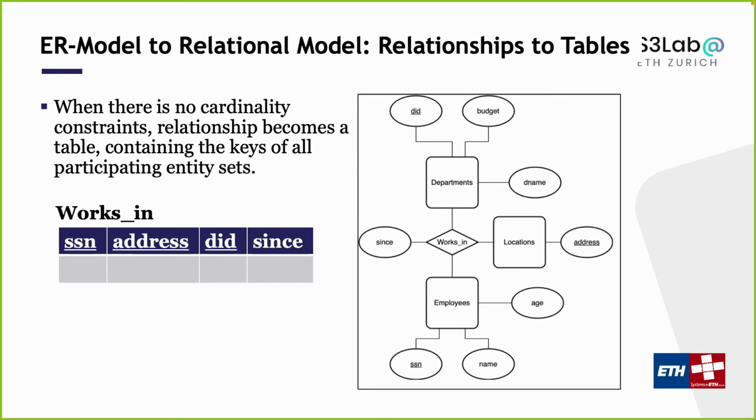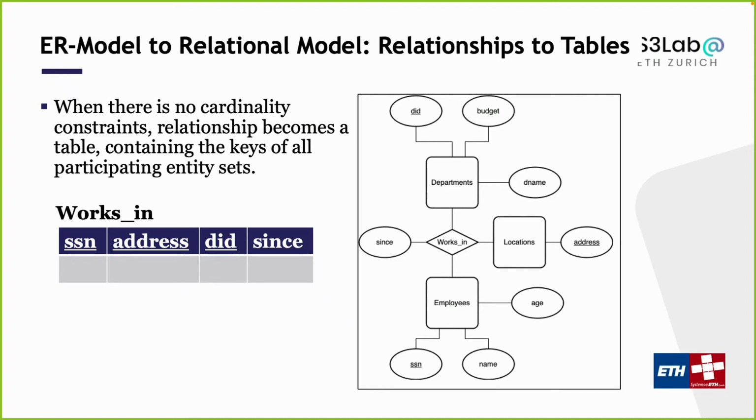If you do not have a cardinality constraint in your ER diagram, the primary key of this works in relation is going to contain 3 different attributes. It's going to contain SSN for the employee, address for the location, department ID for the department. It's going to be the combination of these 3. That's going to be the primary key that you have for the works in relation in your relational model. That makes sense? Why?